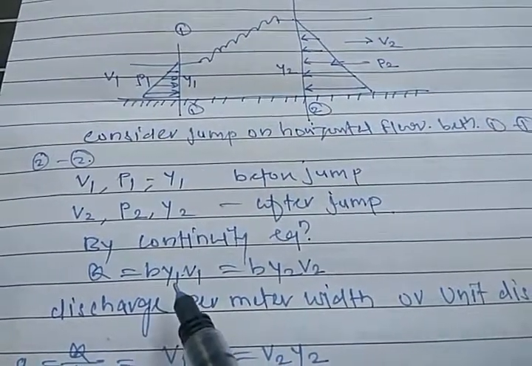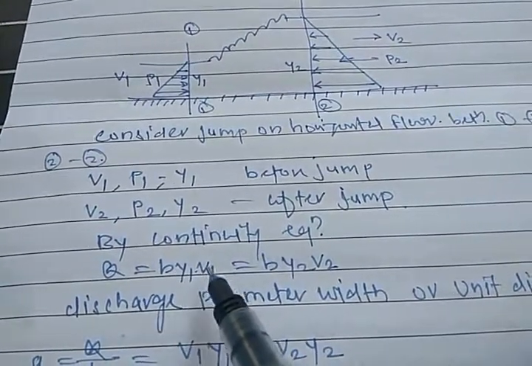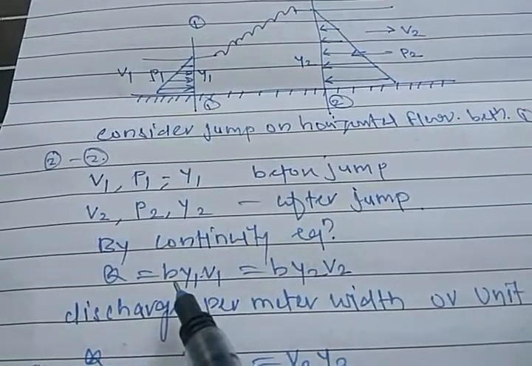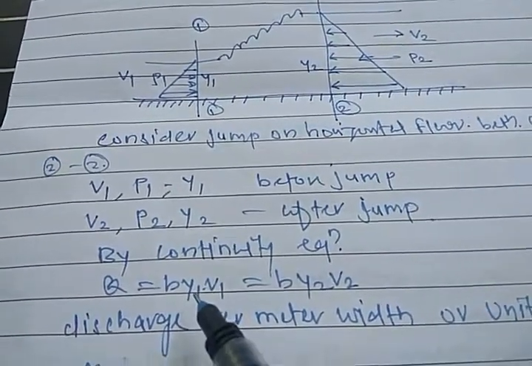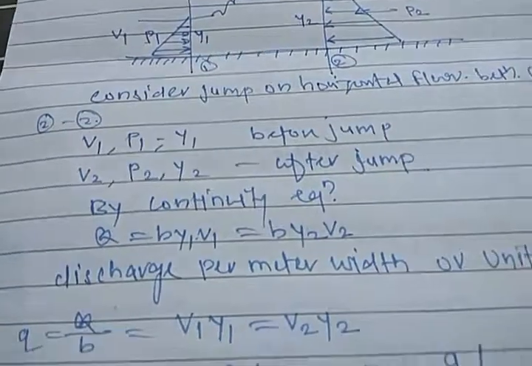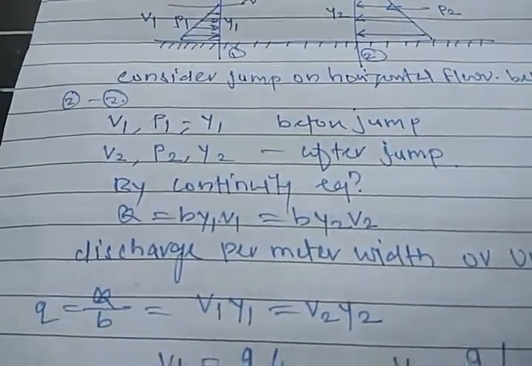So B into y1, this is nothing but the area. So A1 V1 is equal to A2 V2. Breadth into height is the area.